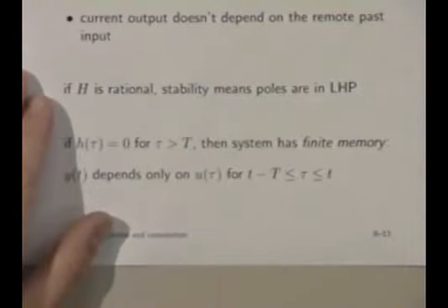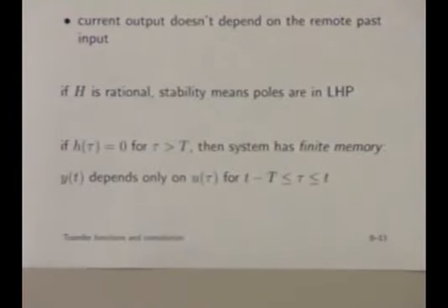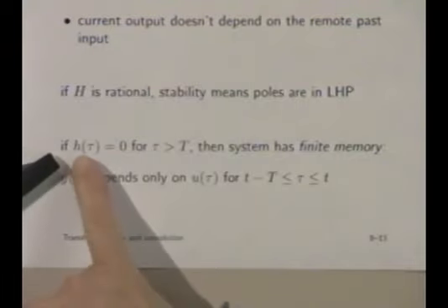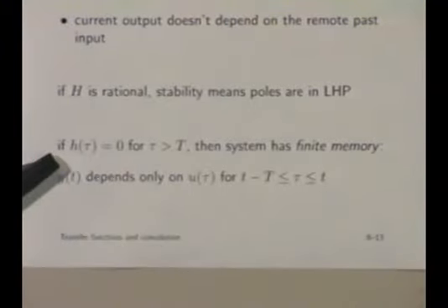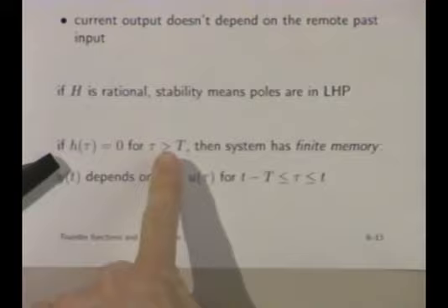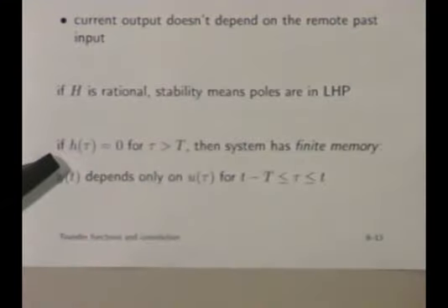Now, there's an extreme case of this, which you don't get with rational transfer functions, but you can have, and it's not uncommon. It's this: if this impulse response not only converges to 0, but in fact goes to 0 at some finite time capital T and stays 0, in other words, it actually becomes 0, then people would say that the system has finite memory, and that says that the output depends only on what the input has been over the last capital T seconds.